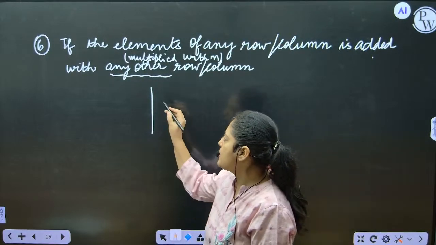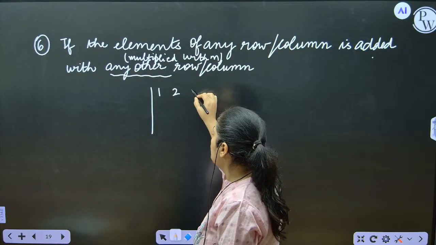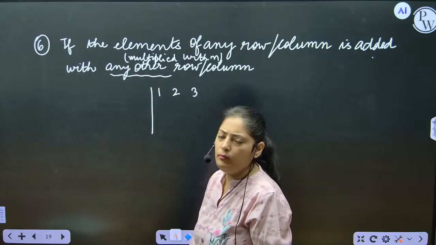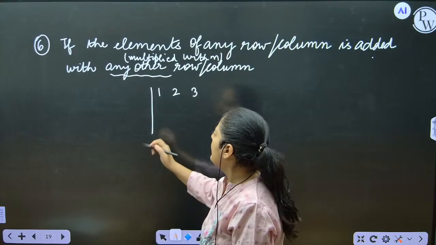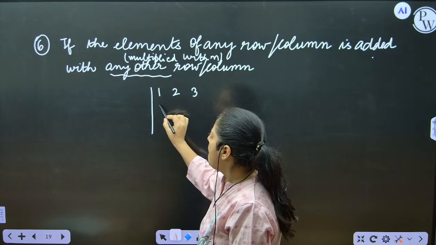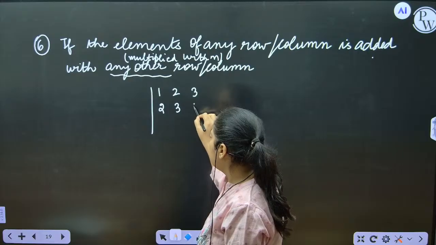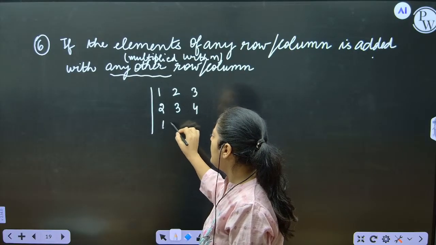Now what does it mean? Suppose I am writing 1, 2, 3; 2, 3, 4; 1, 6, 7.